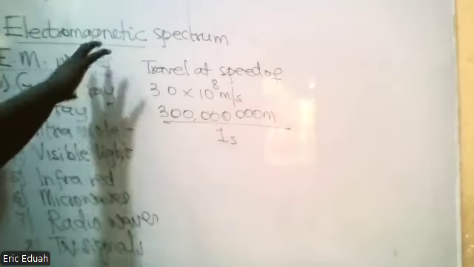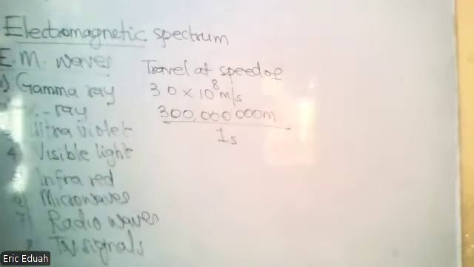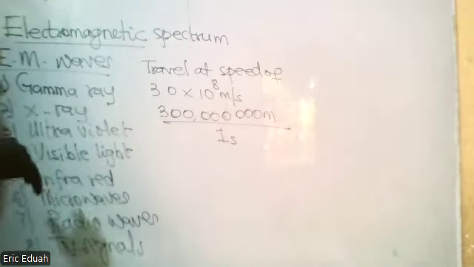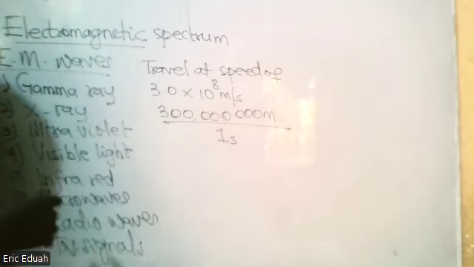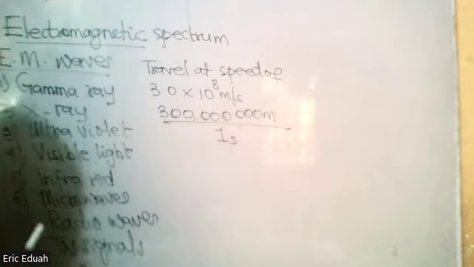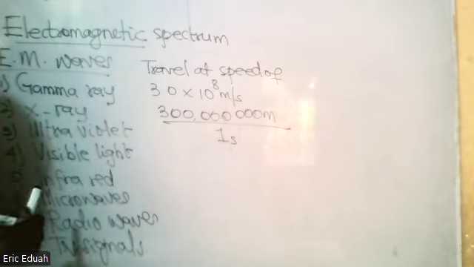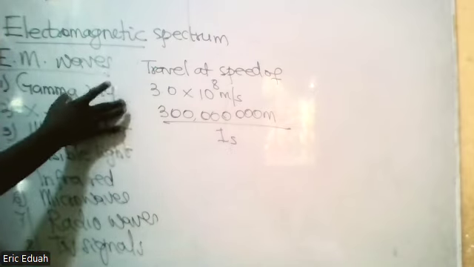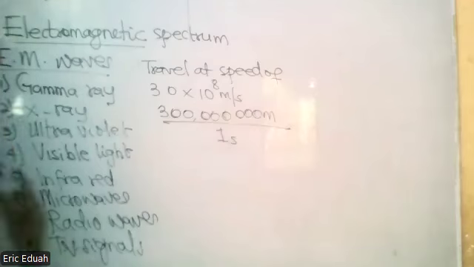Then the electromagnetic spectrum. These waves are arranged in order of increasing or decreasing wavelength and frequency. So we group them among these lots. Which one has the shortest wavelength?